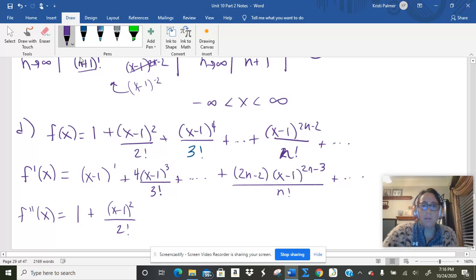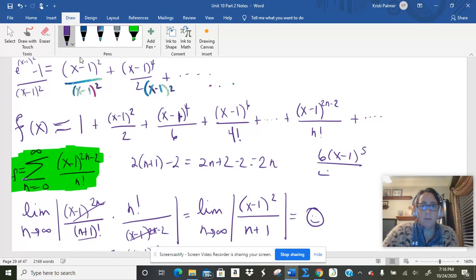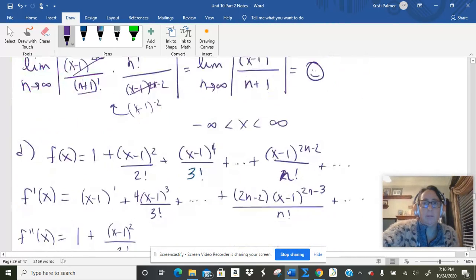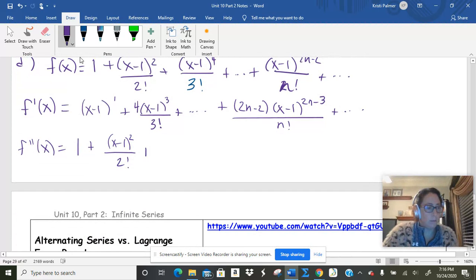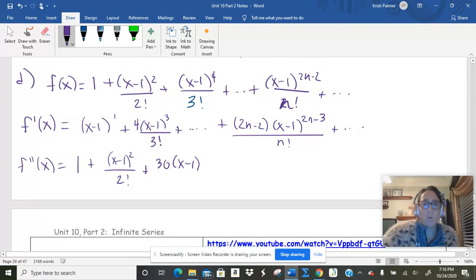All right. So up here, if I took this derivative, that would be 6 x minus 1 to the 5th over 4 factorial. And so I'm going to derive that one. So that would be 30 x minus 1 to the 4th.